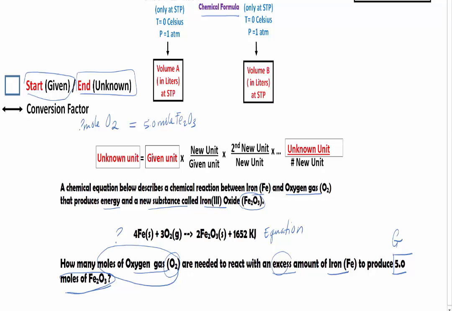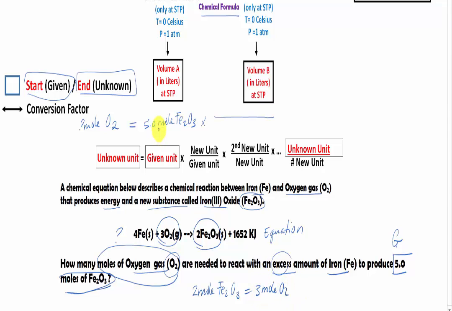So what is the conversion factor? It's the mole ratio. So we multiply by that mole ratio. And how do we determine that mole ratio? In this case, the mole ratio between Fe2O3, which is right here, and oxygen, which is right there. We know that it is 2 moles of Fe2O3 equal to 3 moles of oxygen gas.